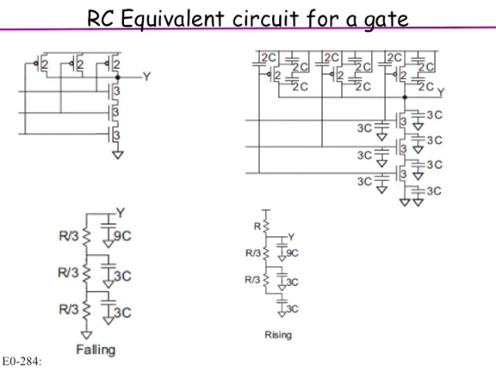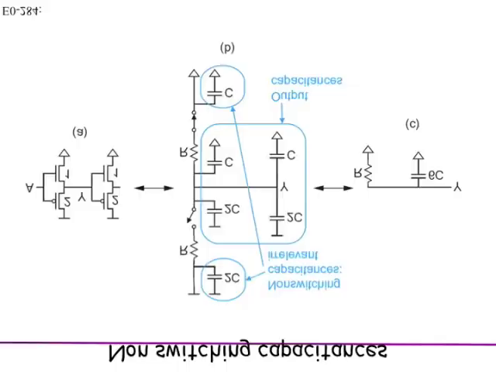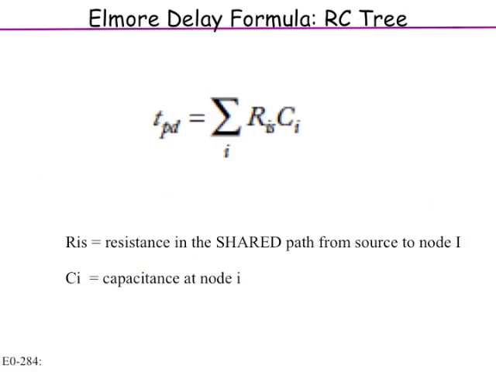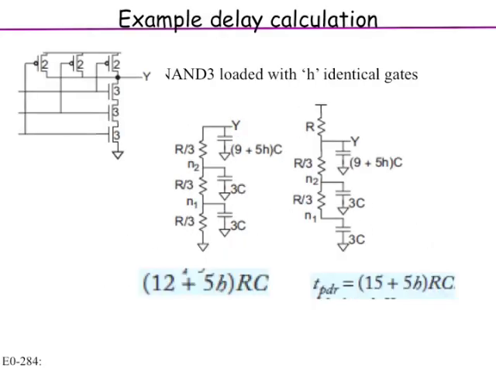So the question is, what if at the output you don't have H identical gates? It doesn't matter. Suppose the output is something where the load capacitance is some CL, due to a wire, etc. That is typically what happens.